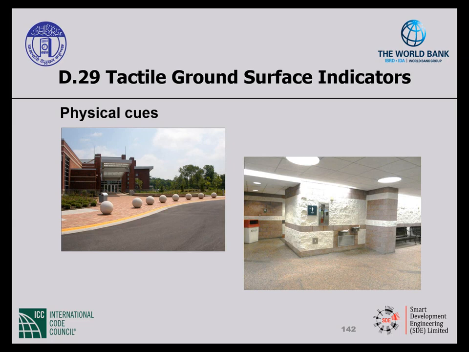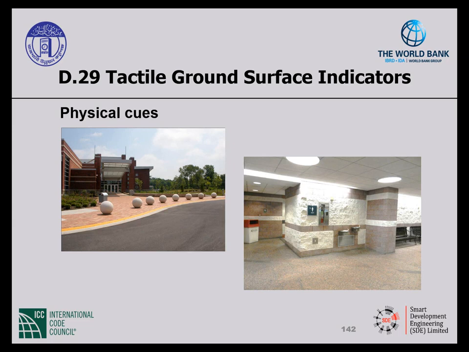Some physical cues include buildings, walls, ground surface, railing, fence, curbs, and so forth. The visually impaired person will use a white cane, underfoot, or echolocation to find their way. Cues should be inside and outside of the building.